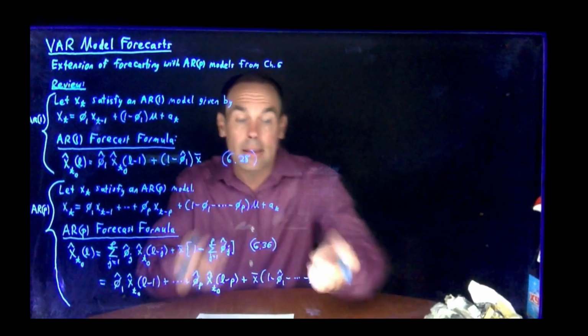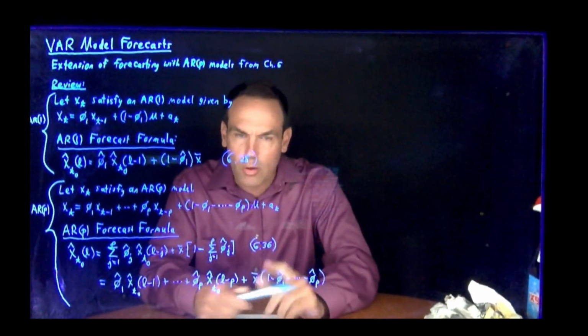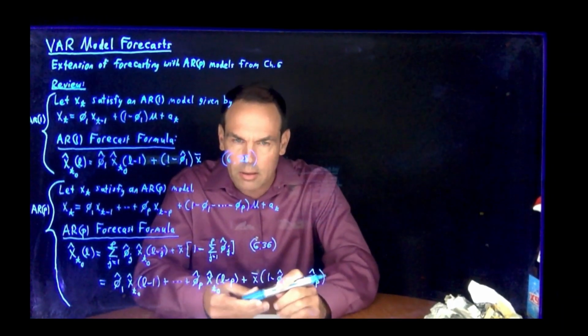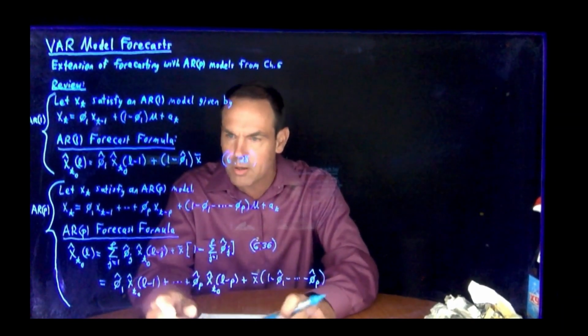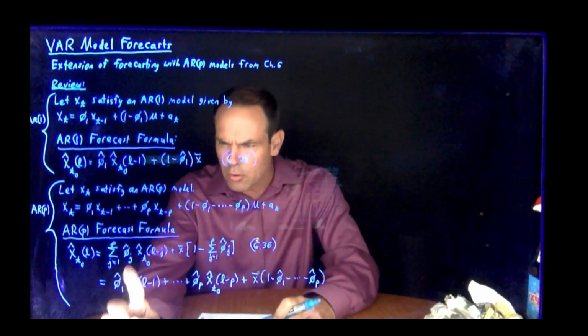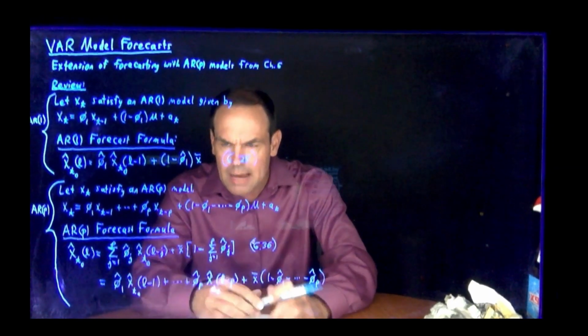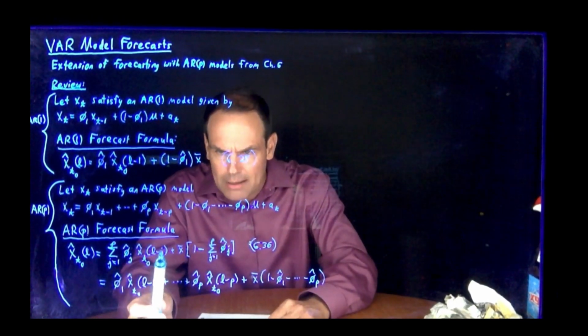And now let's do this. Again, as I mentioned before, let's make sure that this matches up with what Formula 6.36 says. It's in a different form. It's in the summation form, but it should work out for us. So it says that it should be the sum of j equals 1 to p of phi hat j times x hat of t naught of L minus j.